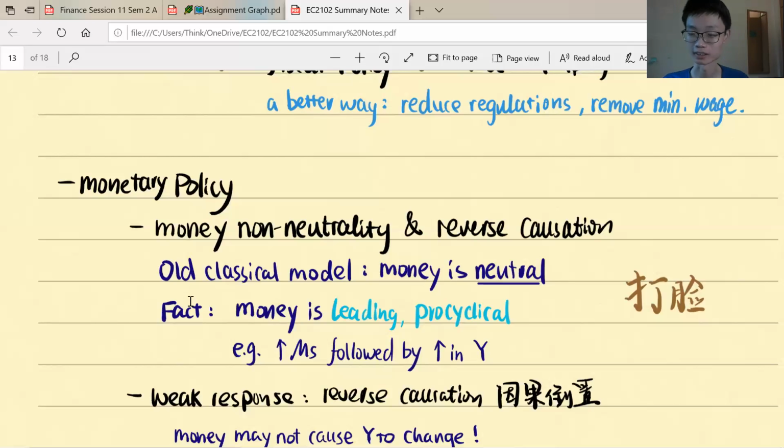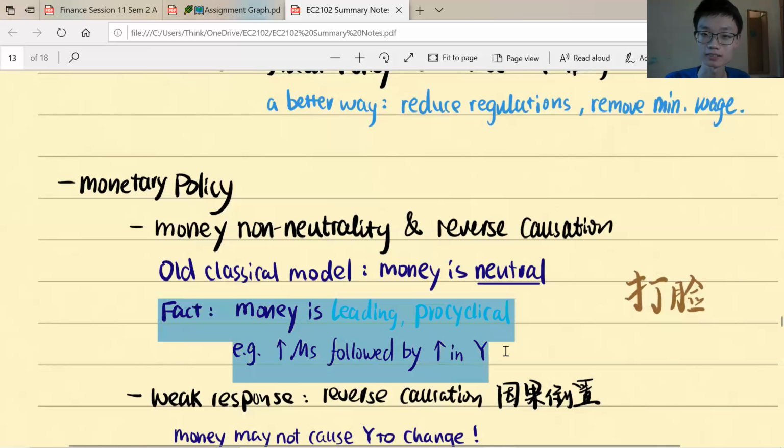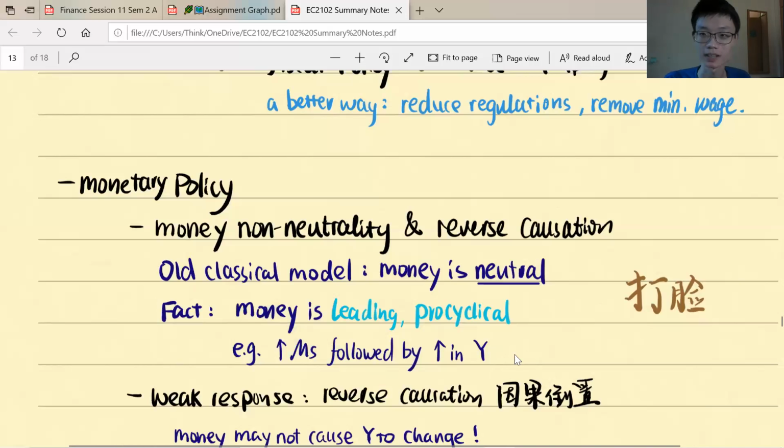It precedes the output changes. Then it's pro-cyclical. When output decreases, money also decreases. So that's called leading and pro-cyclical. So this means that the classical model does not explain this, right?